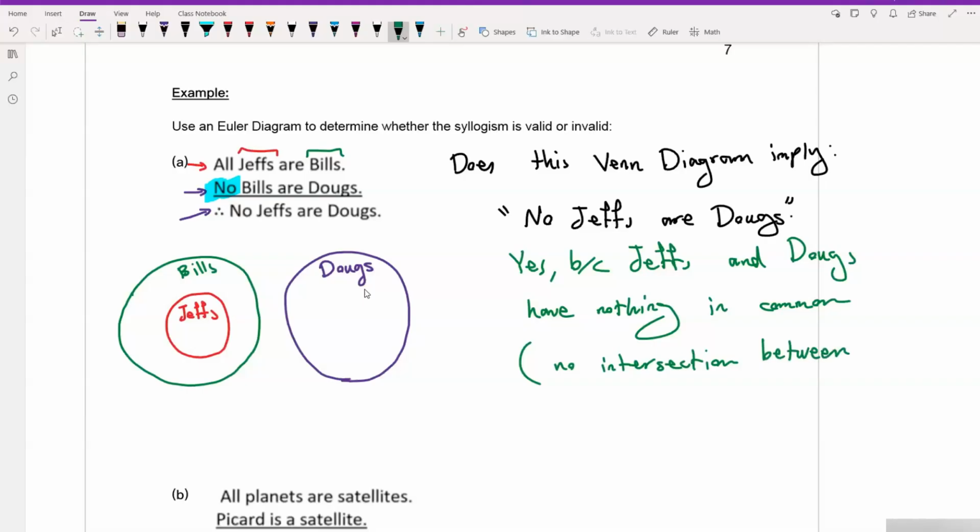You can write that way, nothing in common, or you can write no intersection between these two. Because of answering yes, this argument is valid.